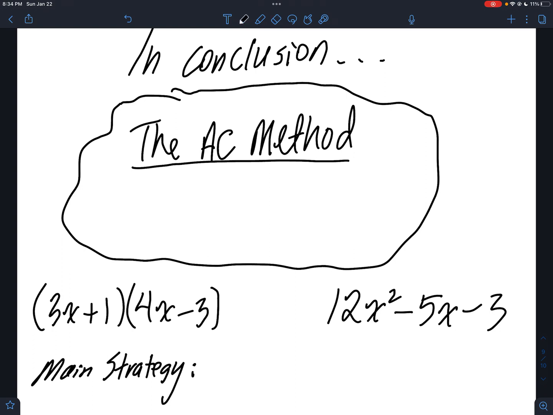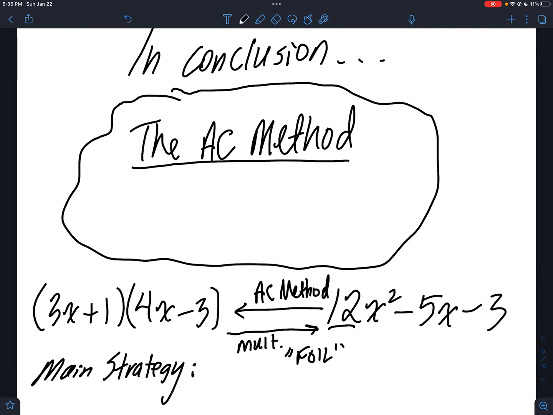Okay? So in conclusion, what is the AC method? Well, it's a way to take... So AC method goes from right to left. It's saying you're factoring something that has a number out front that isn't 1. And if we go backwards the other way, that would be multiplying. Or if we will, FOIL. Okay?